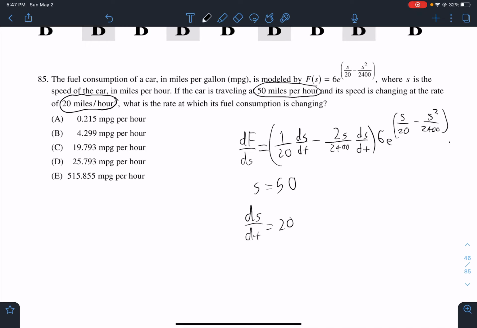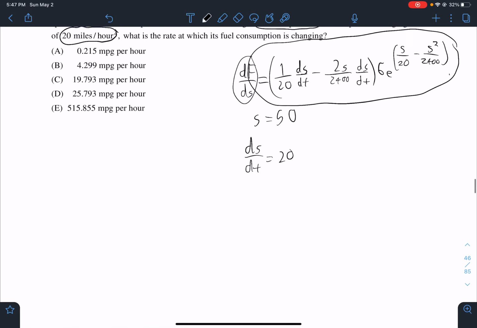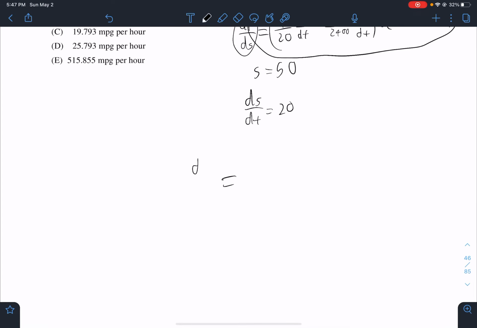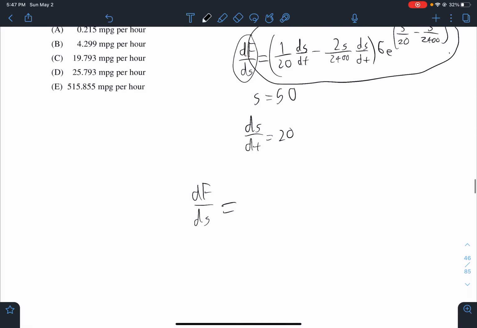And so now we can plug s and ds/dt in and solve this big equation to find df/ds. So this will equal 20 over 20, which just cancels out. That's 1.